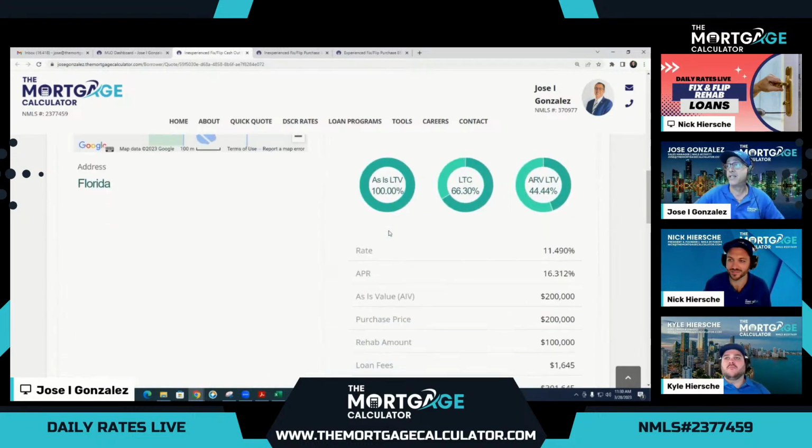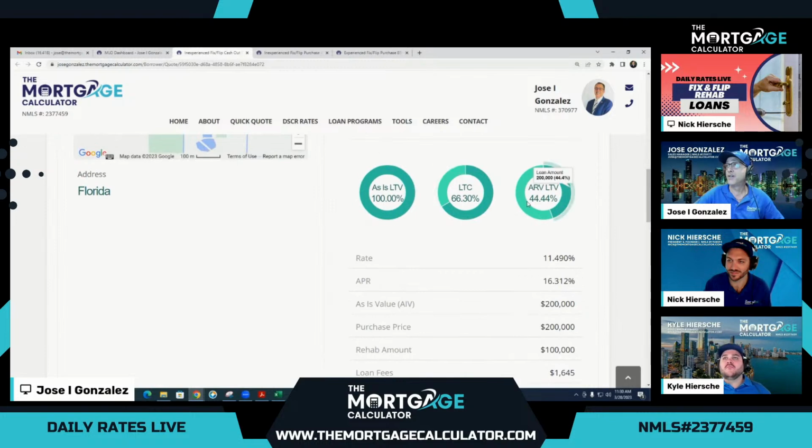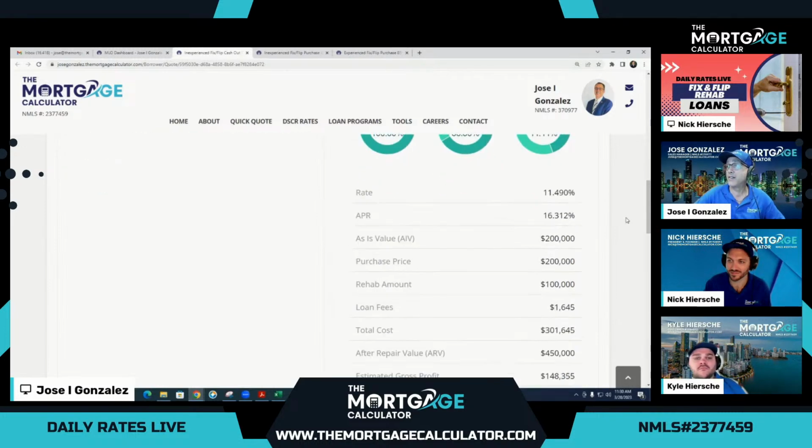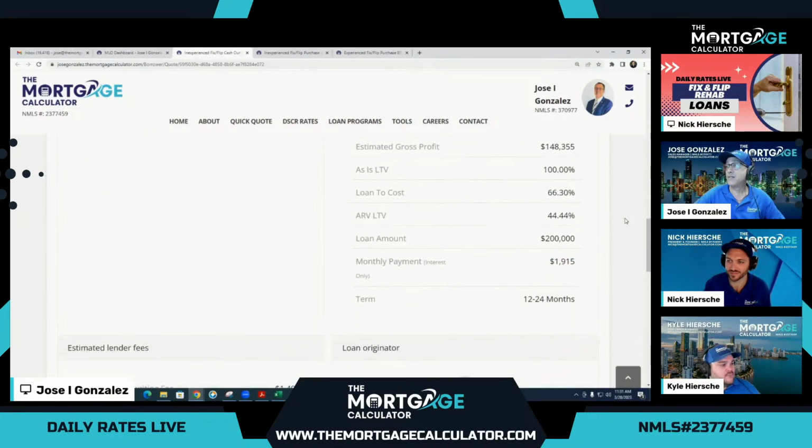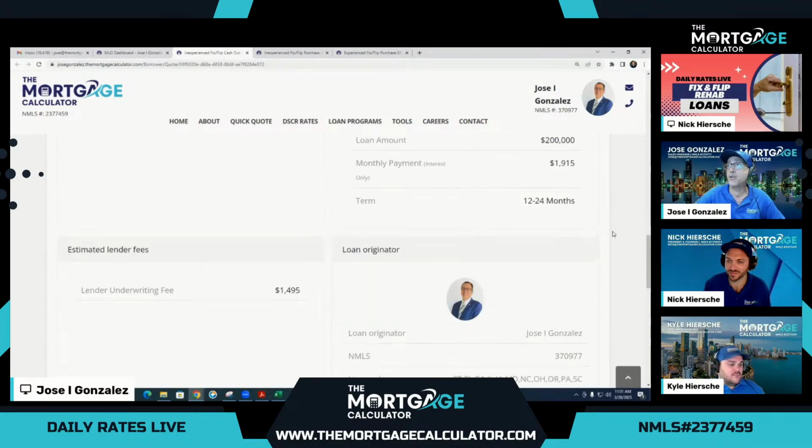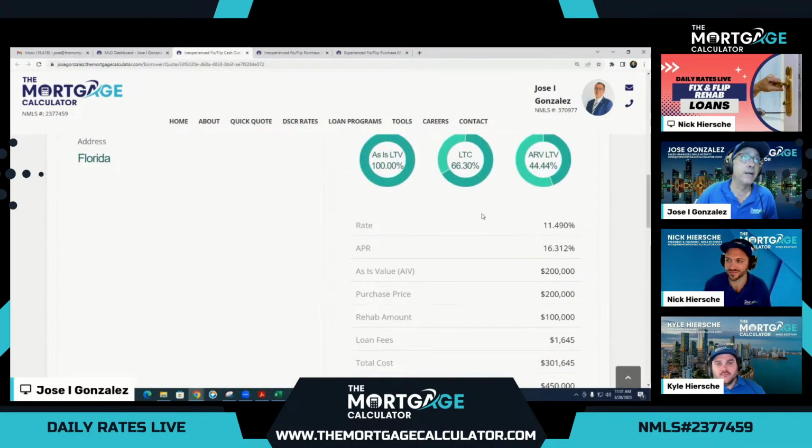So again, I'll show you the numbers here. There's no profit margin on this one because it's a refi, but still 11.49% interest only, and it's paid up front. So in essence, you do not have any out-of-pocket payments throughout the time that you're doing the flip, which takes away a little bit of pressure.